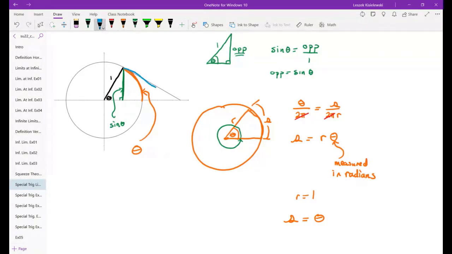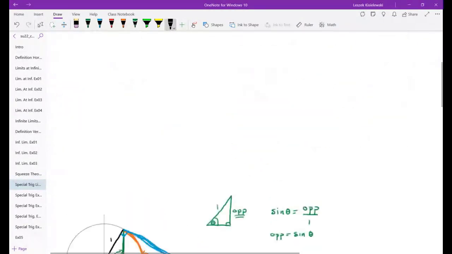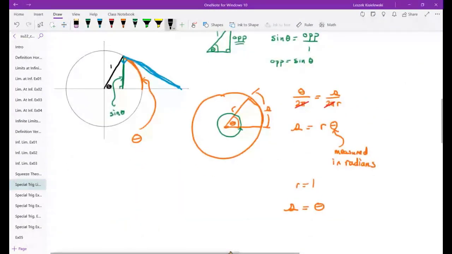Now if you look at the blue segment, this is a segment that's tangent to the circle. And we know that segments tangent to a circle are always perpendicular to the radius. That's just a fact from geometry.